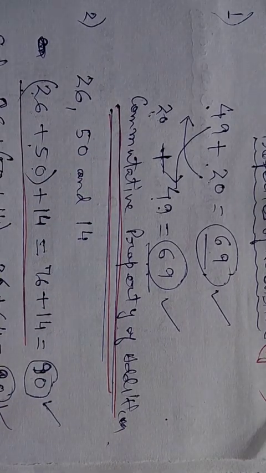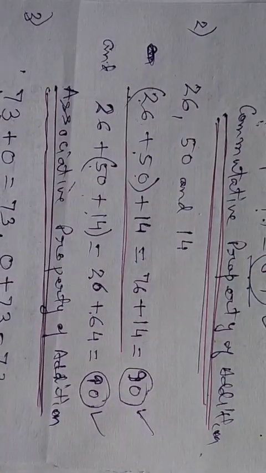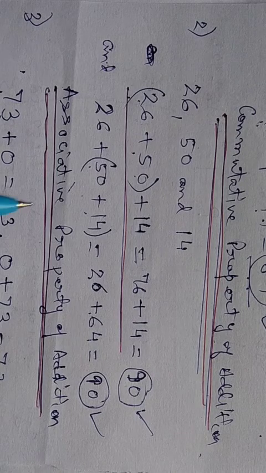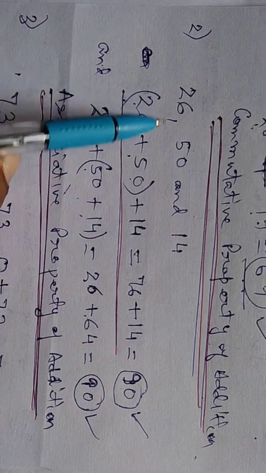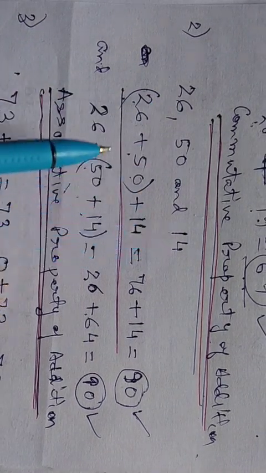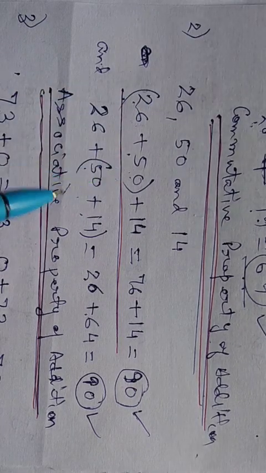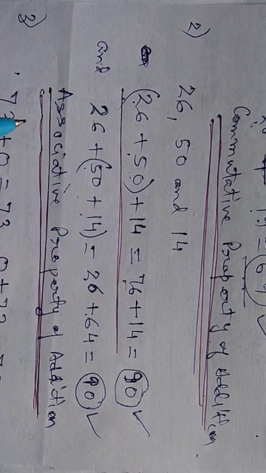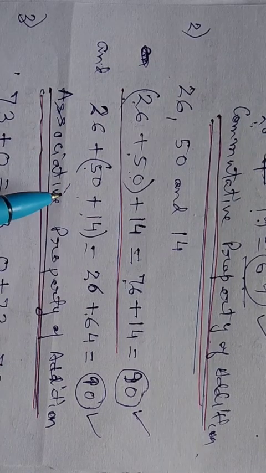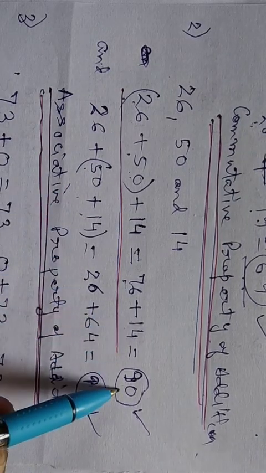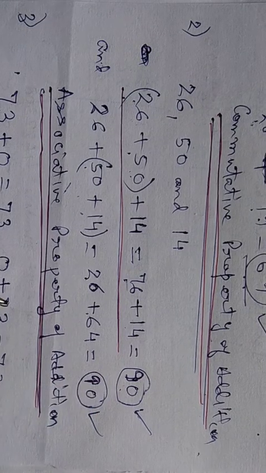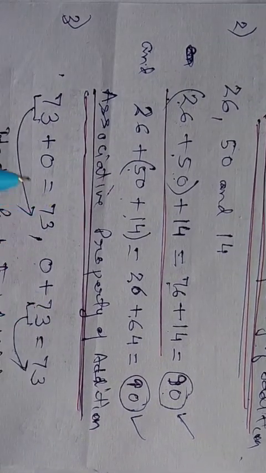Next property, just see, children, the sum of three numbers does not change when we change their grouping. So let us take three numbers 26, 50 and 14. Now children, suppose if we add 26 and 50 first, so what do we get? 76. And after that children add 14. Okay, so what do we get? 90. Now let us add it in another way, children.